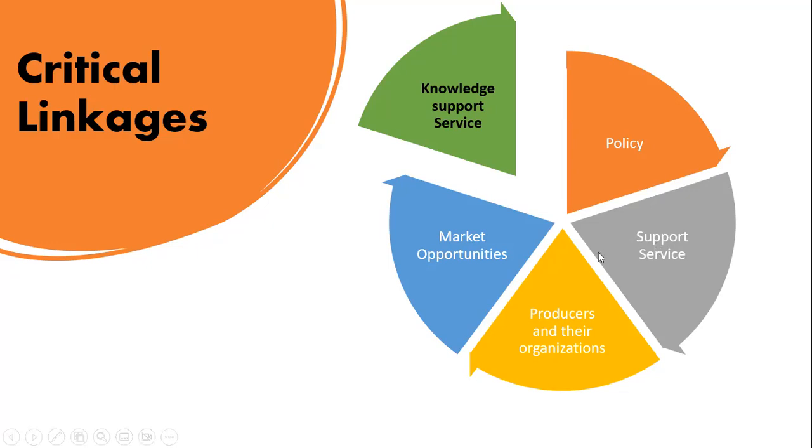The support services and the producers and their organizations, the farmers, at that time were also fully confused. They don't know how much organic fertilizer they have to add to the field. Will it work, will it give correct results, right? Farmers and the organizations are confused, right?